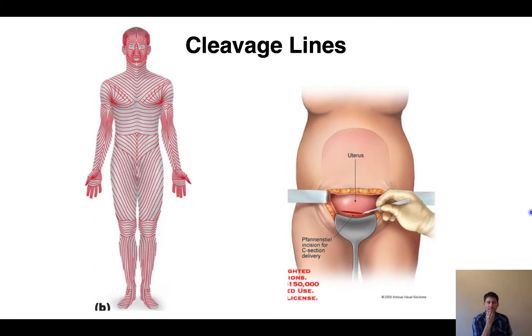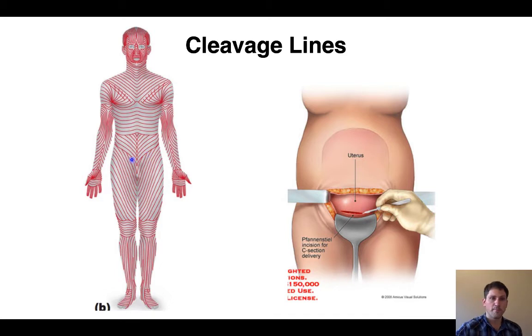Cleavage lines then are these lines that surgeons use and are aware of. They'll study these lines that our fibers are kind of running in these orientations. And so if you're aware of these cleavage lines, you can make less scarring during a surgery.